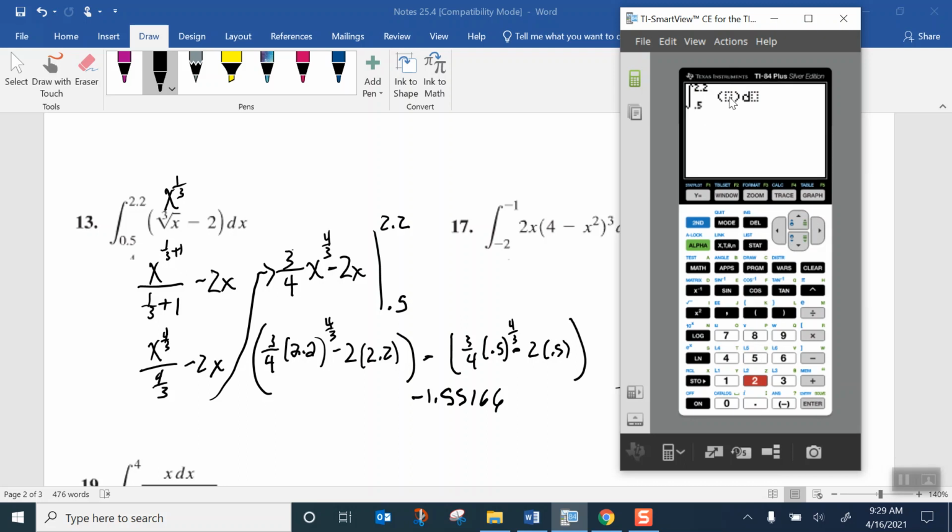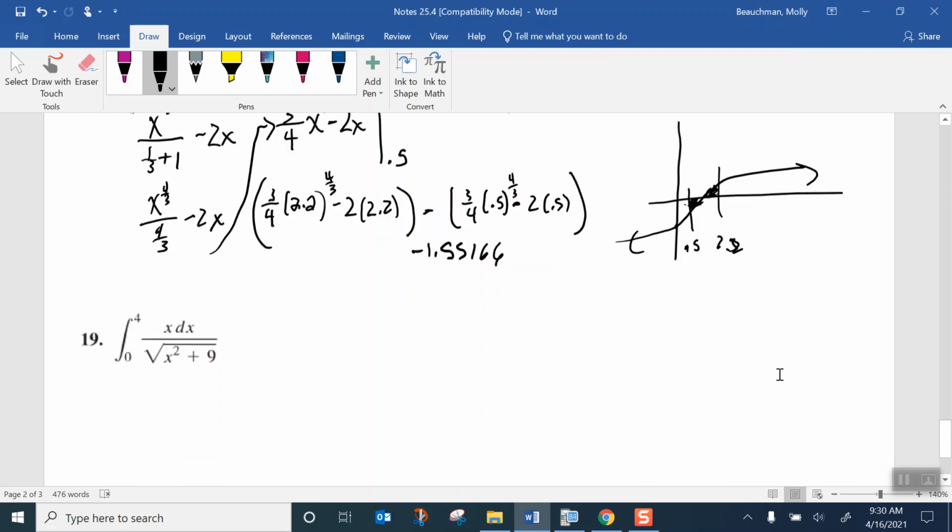Type your function in, cube root of x minus 2, or you can do x to the power of a third. Minus 2 is our function. And then you have to tell the variable that you're integrating with respect to, which is x. Enter, and we get the negative 1.55166. So that's how you check your work, using technology.